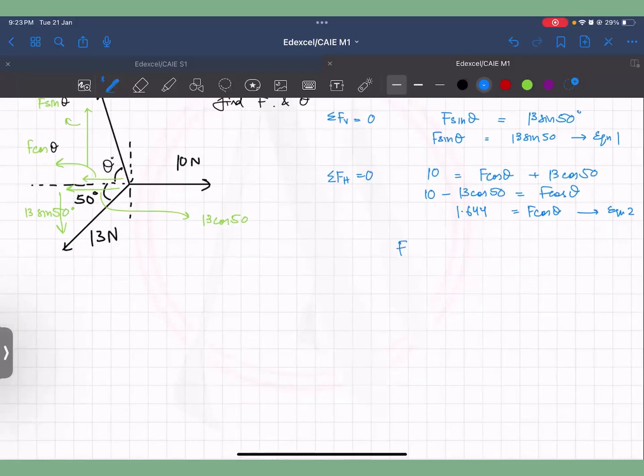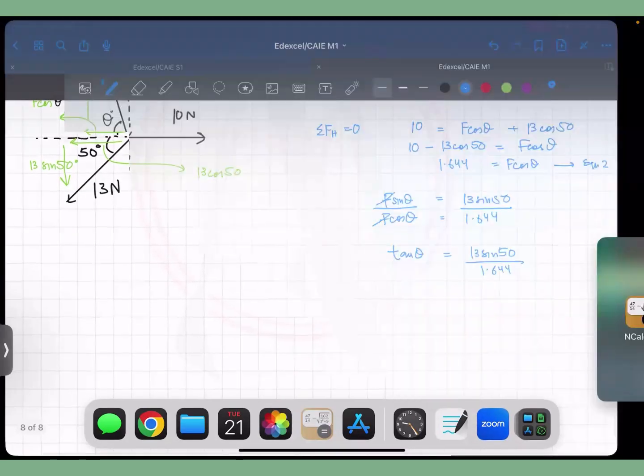So F sine theta is equal to 13 sine 50, and F cos theta is equal to 1.644. You divide both equations together. So the F and F would cancel out, and sine theta upon cos theta would be tan theta. So tan theta would be equal to 13 sine 50 upon 1.644. You find the theta value like this now.